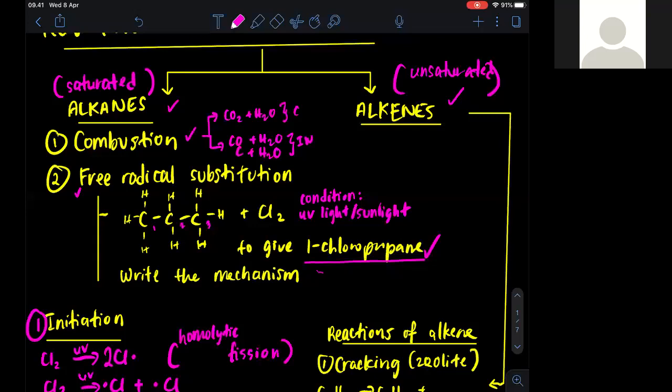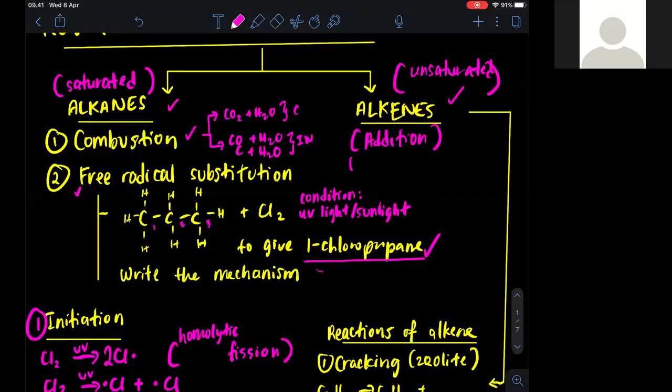Saturated means you cannot add anymore, but alkenes are unsaturated. You can add something. So therefore, the mechanism of the reaction is going to be addition. And to be exact, we don't simply give addition, we write it down as electrophilic addition. That's the mechanism of the reaction.